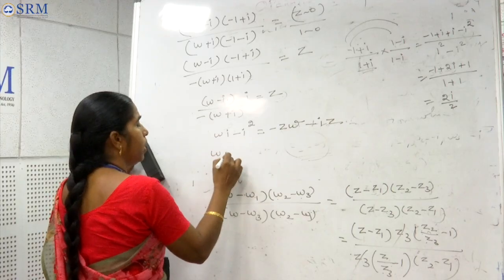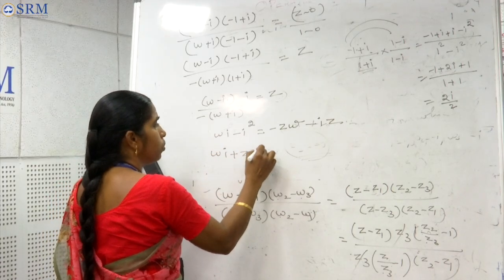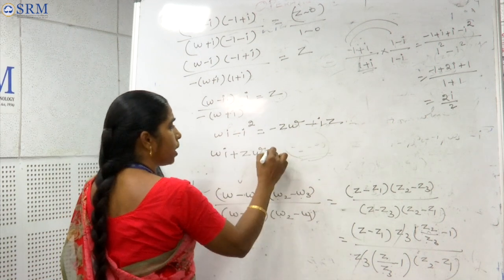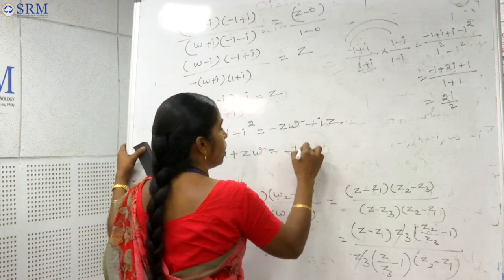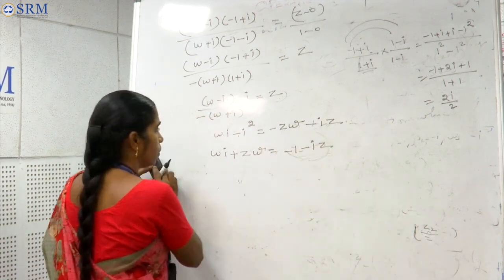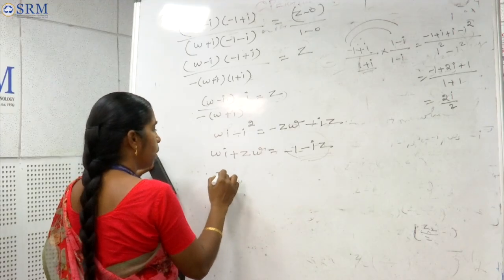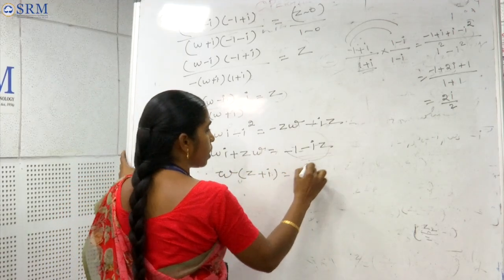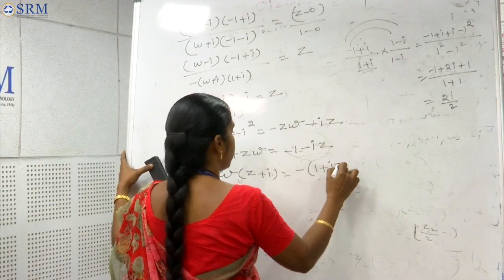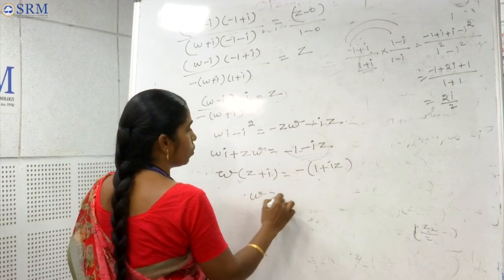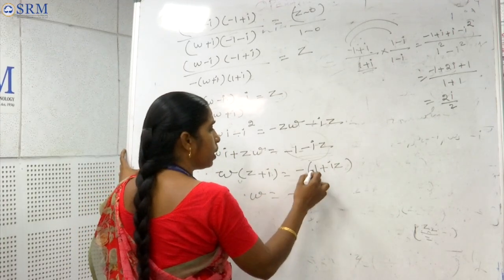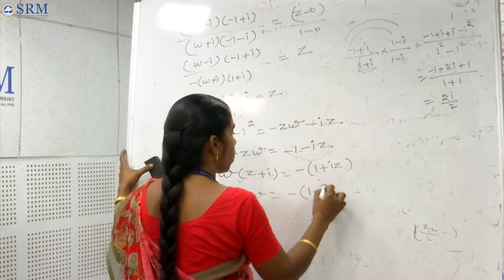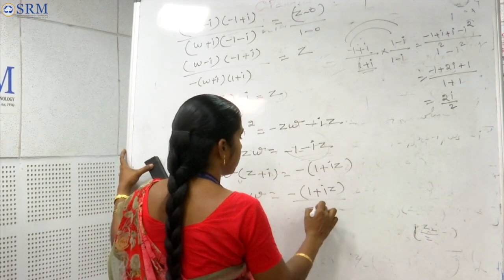So Wi plus ZW, I squared is minus 1, here plus 1, but that sign means minus 1, minus IZ. So W is equal to Z plus I, so minus (1 plus IZ). So W is equal to minus, or you multiply the minus inside, (minus 1 minus IZ), that is minus (1 plus iz), divided by (Z plus I).